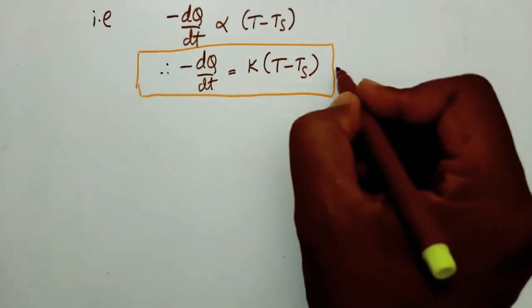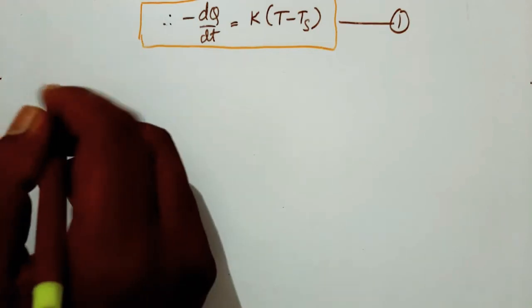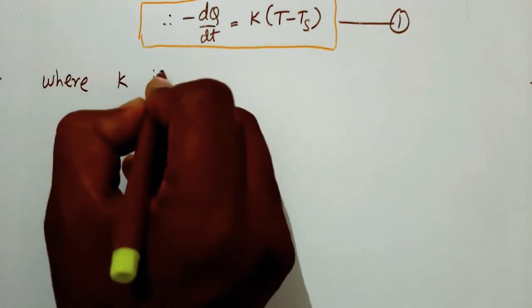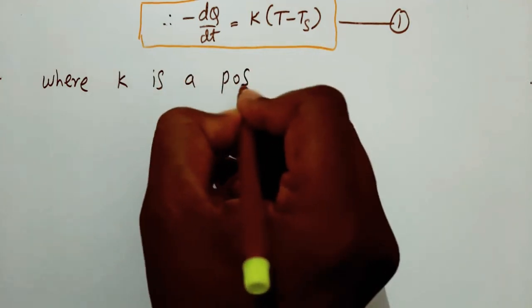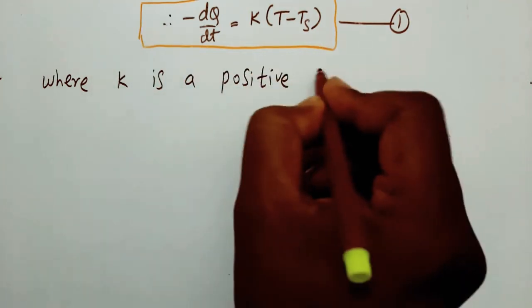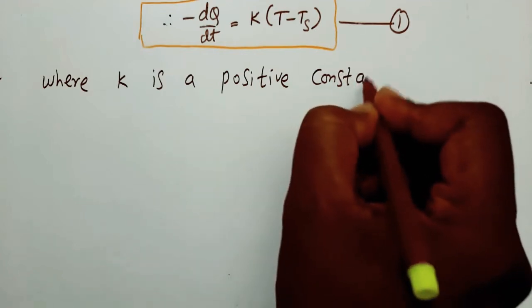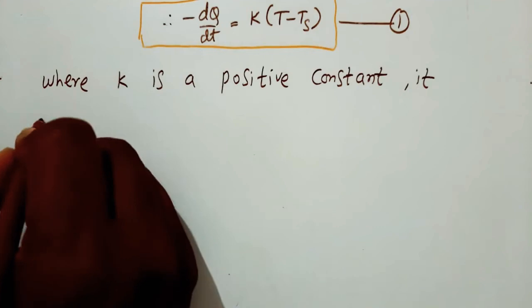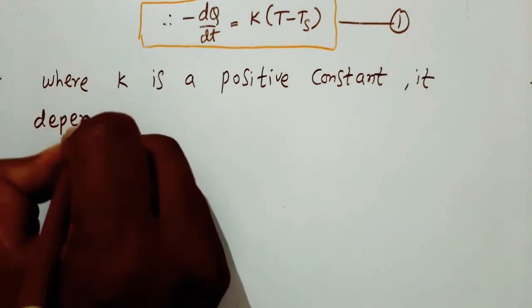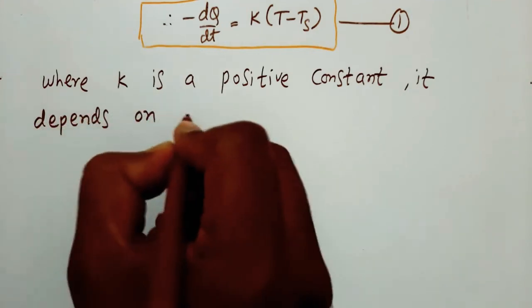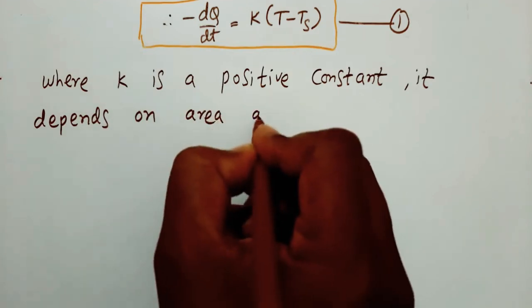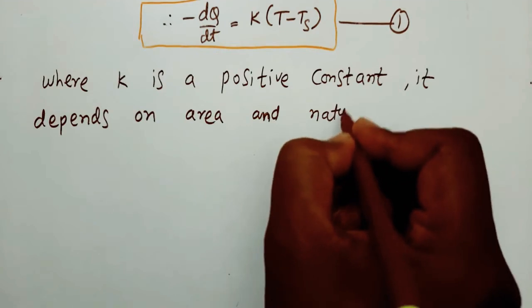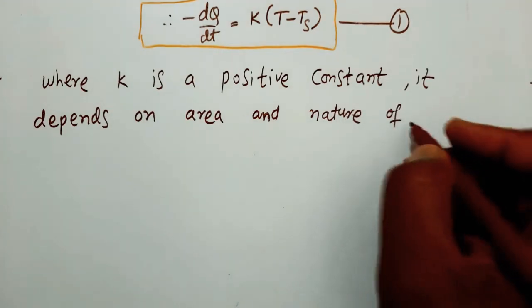Let us take this as the first equation, where K is a positive constant and it depends on the area and nature of the surface of the body.